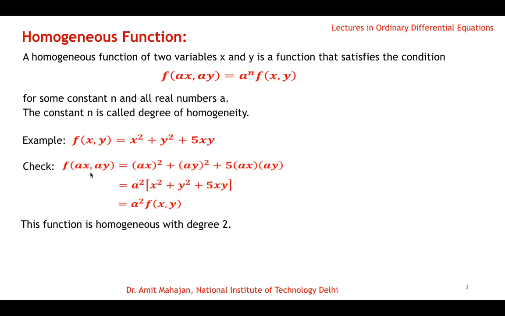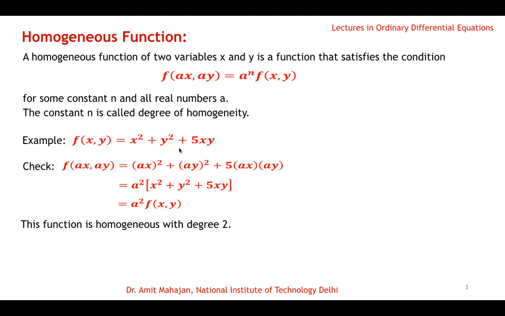Then we get a^2 x^2, a^2 y^2, a^2 xy. So a^2 goes outside. The inside function is this function f(x, y). So we can write f(ax, ay) as a^2 f(x, y). So it satisfies this equation with n value 2. That means this is a homogeneous function of degree 2.